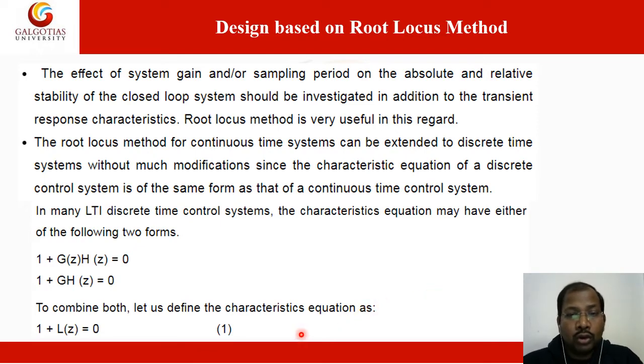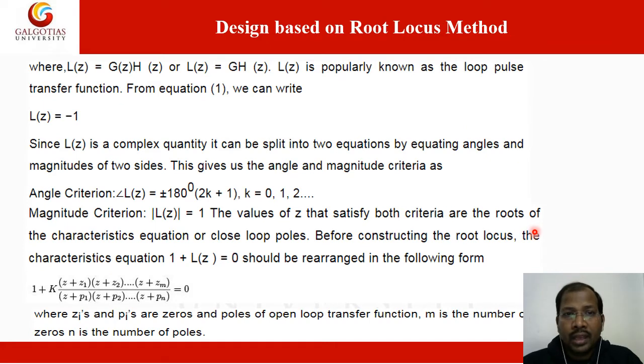We are going to apply the root locus method on this characteristic equation. Here L(z) may be G(z)H(z), or HG H(z). L(z) is properly known as the loop pulse transfer function.